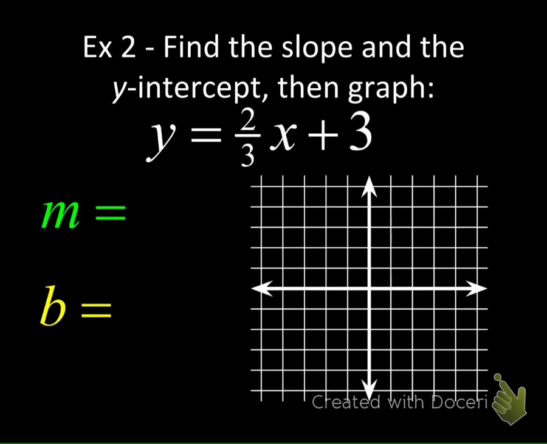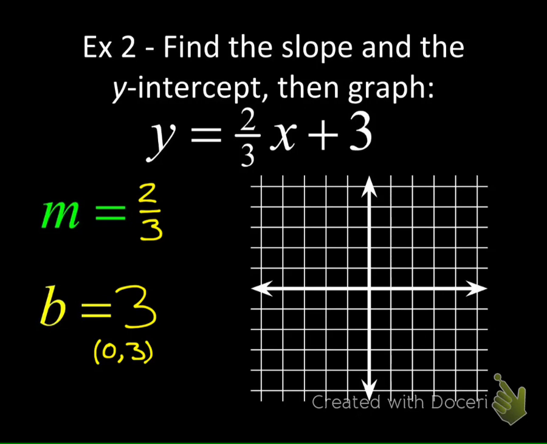Yeah, it's the slope, but you know that it's 2 over 3 because it's the number multiplied by x, right? So go ahead and write m equals 2 over 3. And what is my b? What's my y-intercept? 3. And then I'm going to write, again, you don't have to, but I'm going to write the ordered pair so that I don't forget where to plot that.